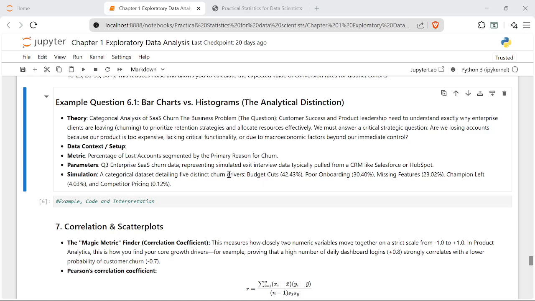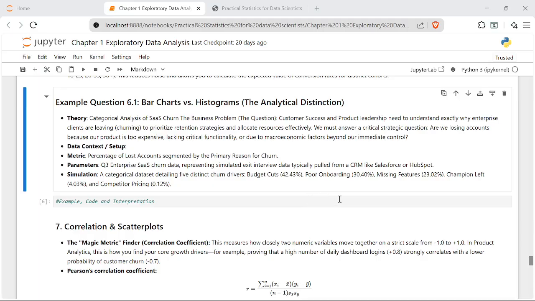We have simulated a categorical dataset detailing five specific churn drivers: budget cuts at roughly 42%, poor onboarding at 30%, missing features at 23%, and smaller factors like our internal champion leaving or competitor pricing.